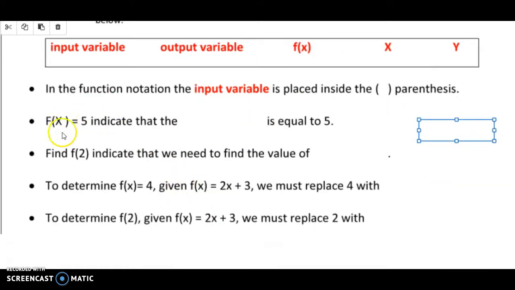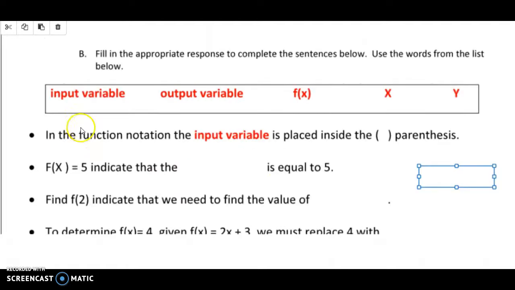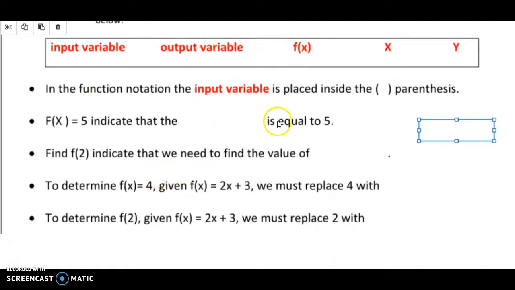The second sentence. So f of x is equal to 5 indicates that the blank is equal to 5. If f of x is equal to 5, then what is equal to 5? Is it the input variable equal to 5, the output, f of x, x, or y? Again, what goes inside the parentheses is your input. You don't have that.